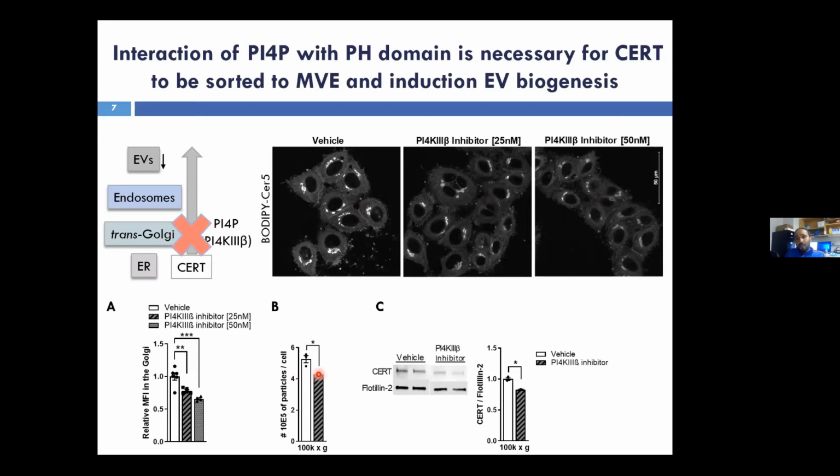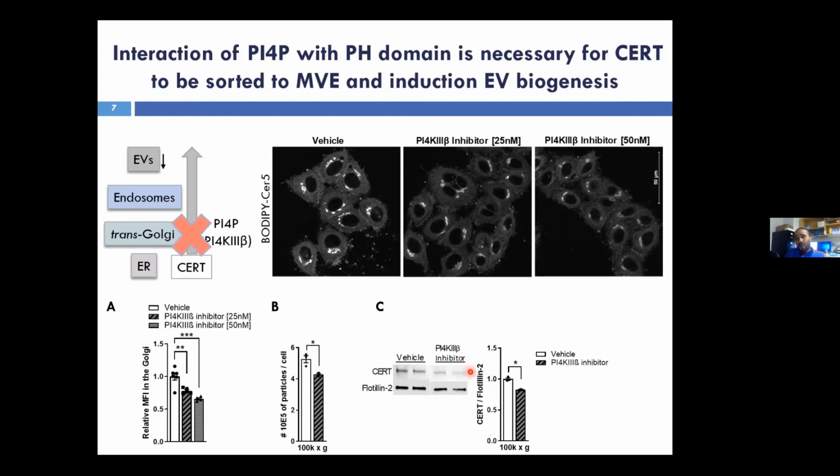And this is the quantification in A. And if you then measure the number of EVs upon treatment with the inhibitor, you see that there is a reduction. So by interfering with CERT engagement to the trans-Golgi, so with the movement of ceramide from ER to Golgi, you are reducing extracellular vesicle formation.